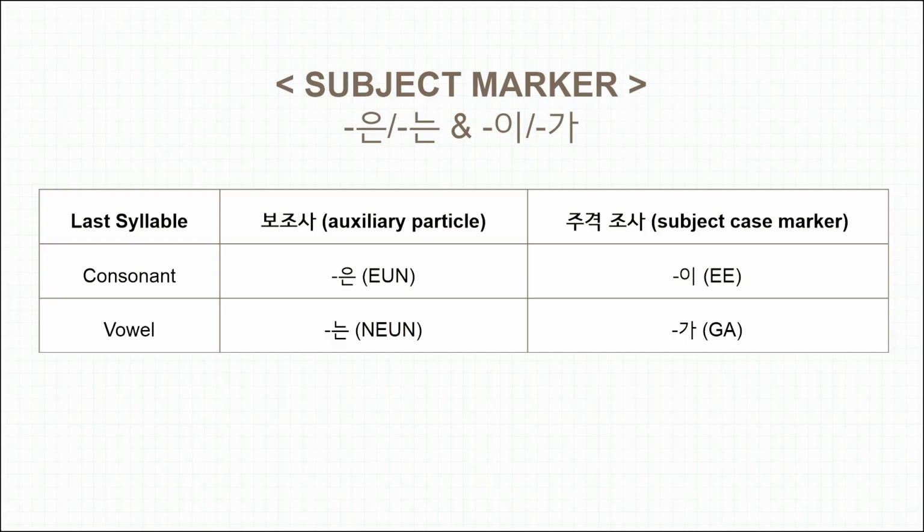So what's the difference between 은는 and 이가? In Korean grammar, 은는 is classified as a 보조사, auxiliary particle, meaning it can attach not only to a subject, but also to objects, adverbs, and even other particles, while 이가 is classified as a 주격조사, subject case marker, meaning it usually attaches to a subject in a sentence.